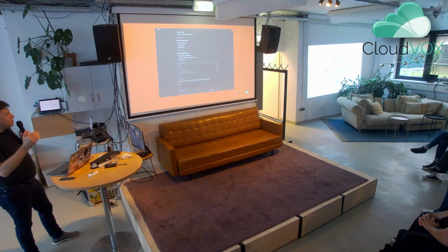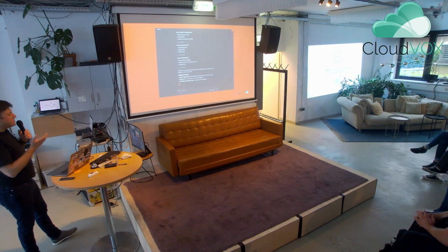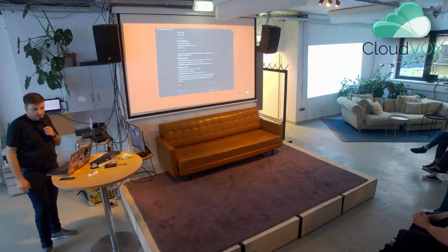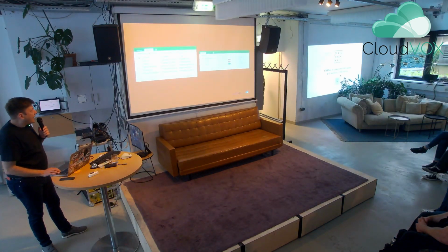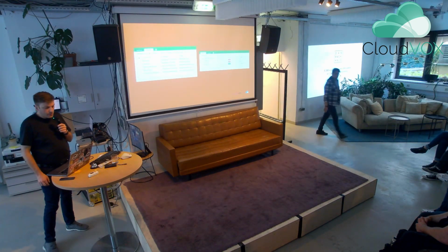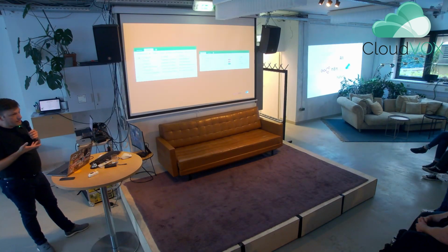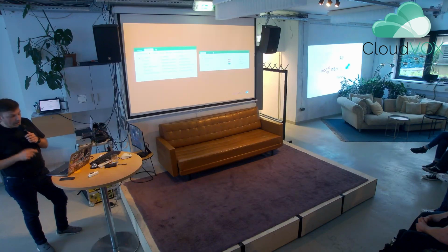So it detected it automatically, extracted the data from the PDFs, and then inserted it into the database. And at the end, it just gives a summary of what it has done. And if we check the database, we can see that it extracted all the data, created the invoices, it created the suppliers.